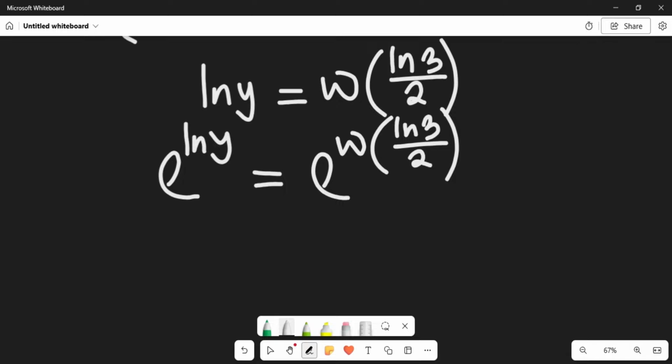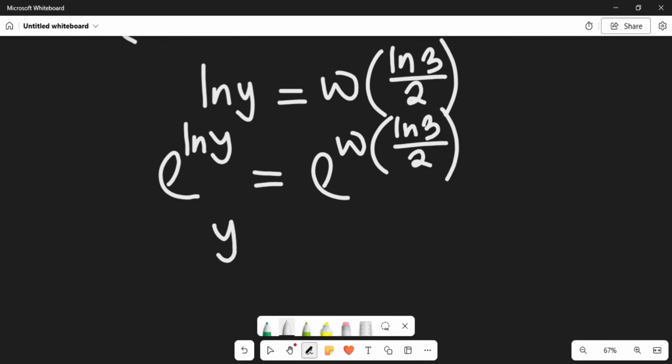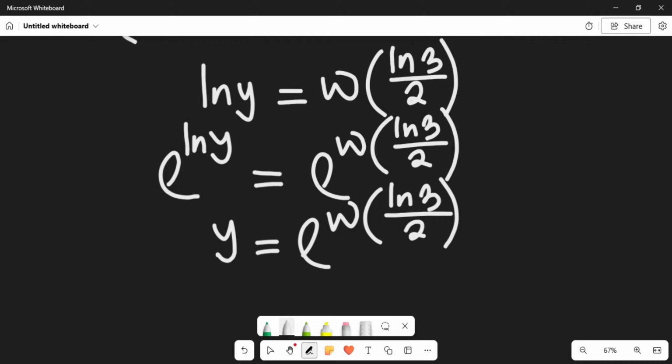Now recall, the exponential value of ln y is simply y, right? So we'll have that expression give us just y equal to the exponential value of the Lambert W of ln 3 divided by 2. And that simplifies the expression as much as we can.